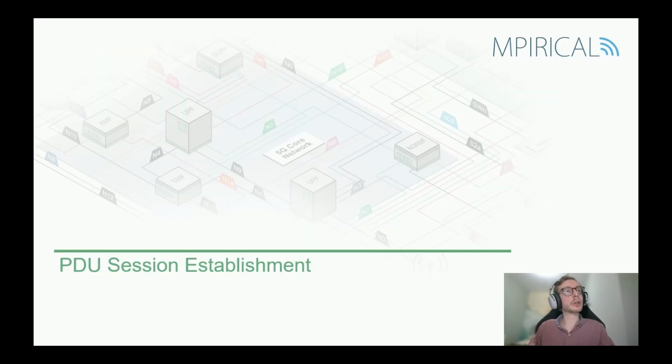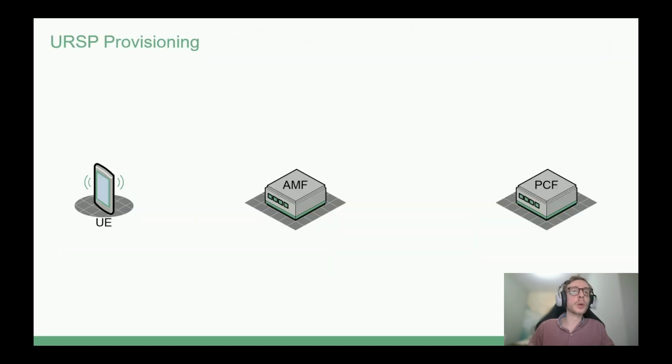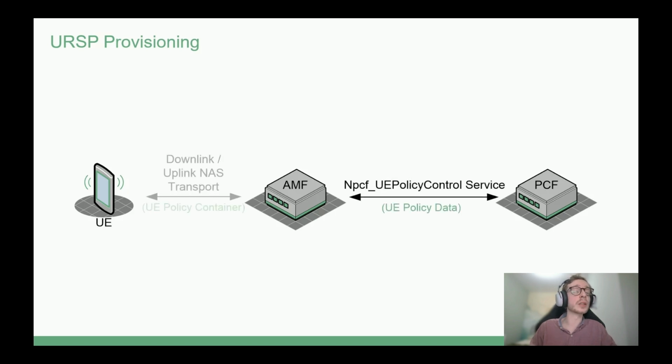Okay, so let's have a look at PDU session establishment. At this point, the network is already aware of the slice and the device is registered and has its allowed NSSAI list. But one approach we can actually utilize is URSP provisioning. So this is UE route selection policy provisioning. What we're doing at this point is communicating down to the device that if you want to use this service or communicate with this specific data network or this specific application or service, utilize this specific S-NSSAI.